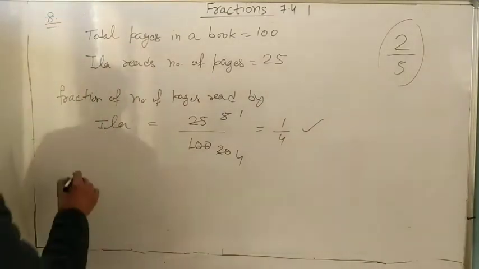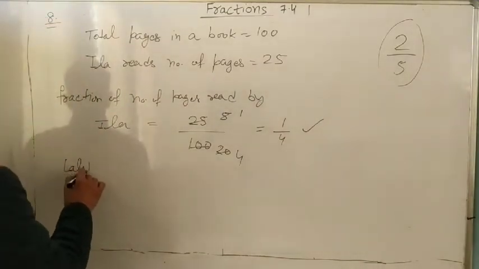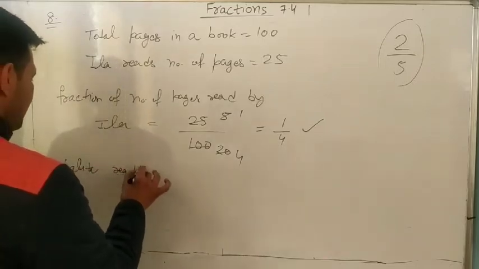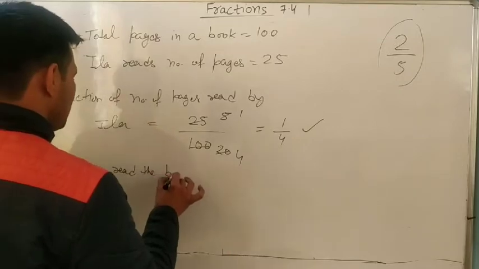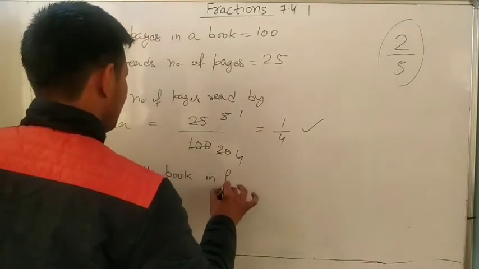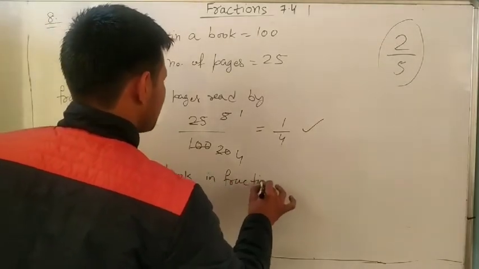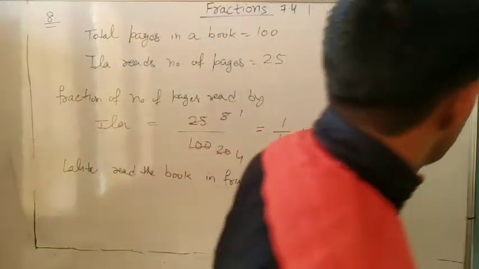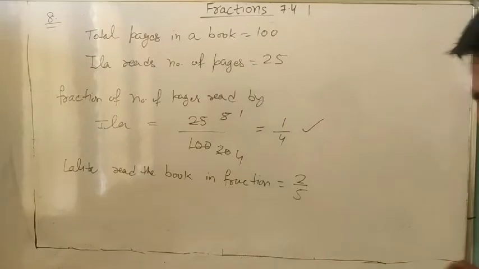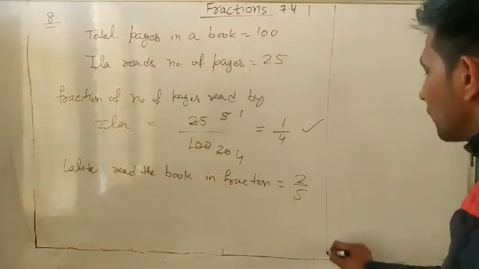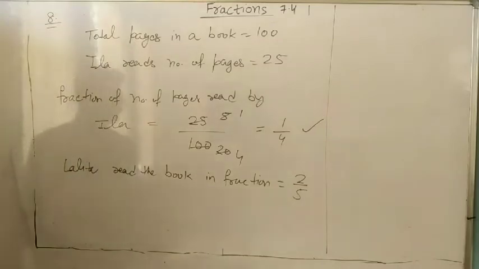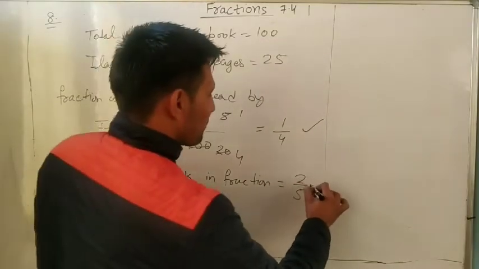Same as it is. Lalita read the book in fraction. How much fraction was read by Lalita? 2 upon 5. So he is asking which one read less, and less or more, how can you compare? 1 by 4 and 2 upon 5.